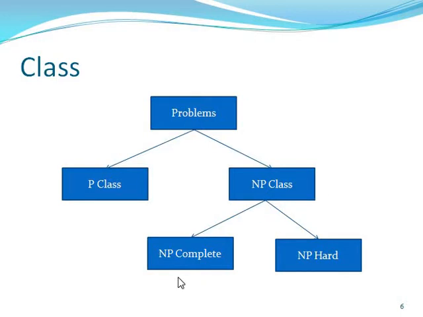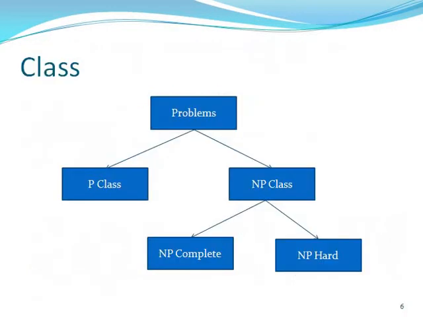Then the NP class has two types: NP-complete and NP-hard. So the initial condition is that the problem is defined as a P problem, meaning polynomial problems, or non-polynomial problems. Then it is defined as an NP-complete problem or an NP-hard problem. So this is the main structure of the problem classes.